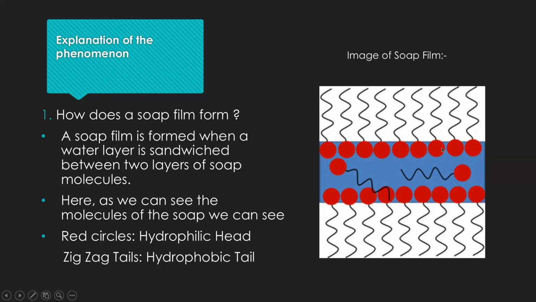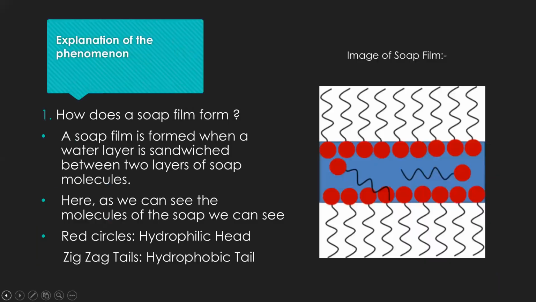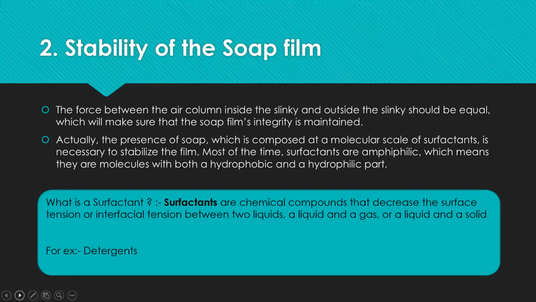So both regions tend to pull this water layer towards themselves. But here the role of surfactants is to decrease the surface tension or the interfacial tension between these two mediums, medium 1 and medium 2. So let's see the next slide.